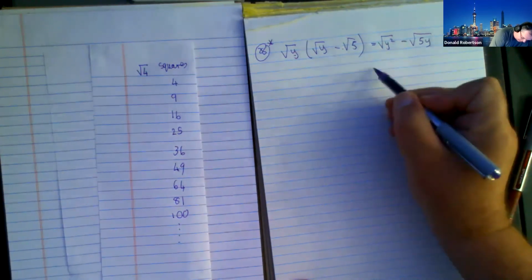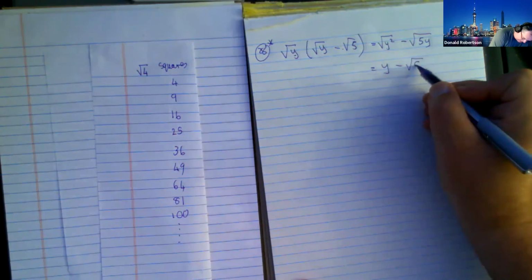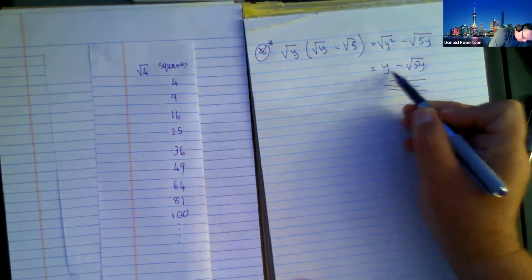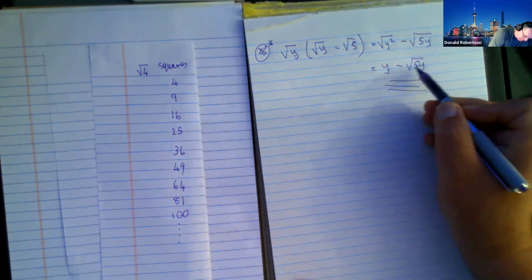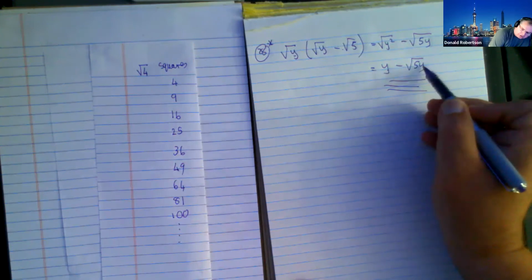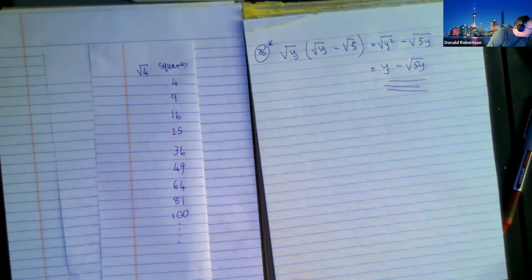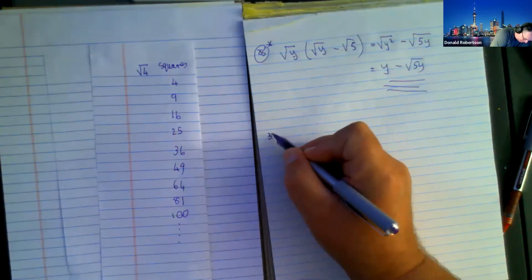And this guy actually is y. And this guy, you can't do anything, so you're finished. And yes, I know that's a y and this is a y, but that is not inside the square root, and this is. So mathematically, they are not considered similar. If things are not similar, you cannot add, you cannot subtract. You just leave them alone.